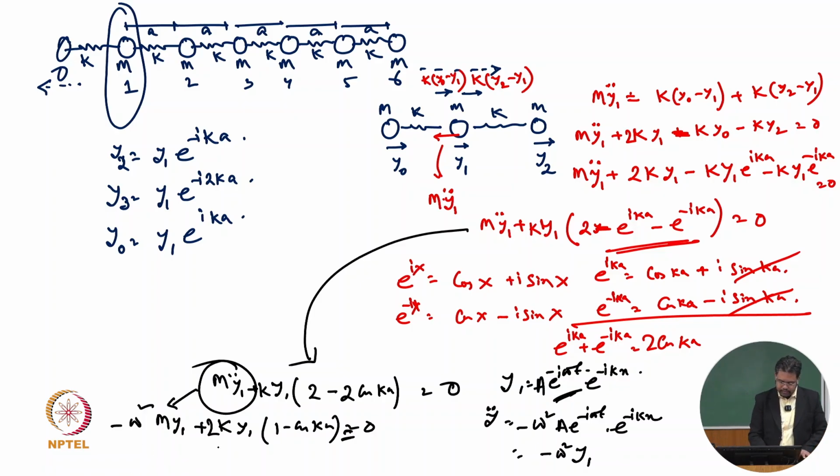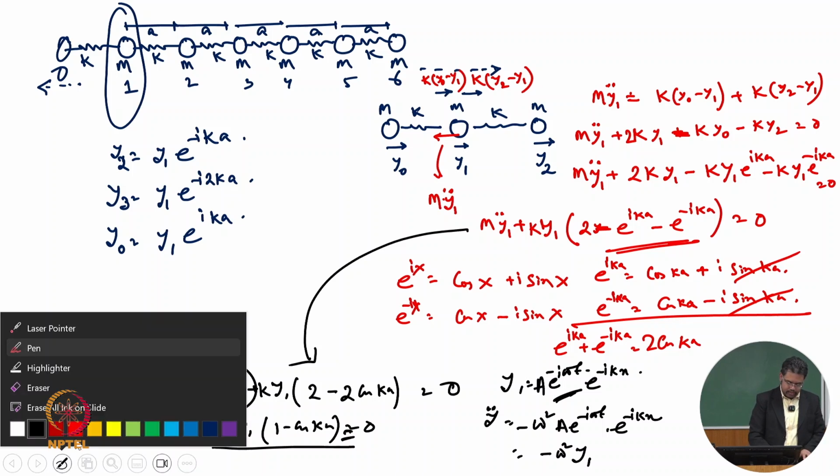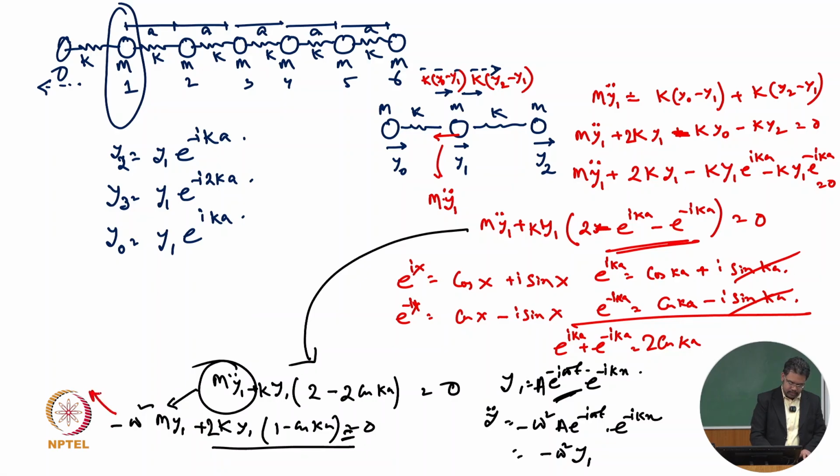Can I write this equation? If I can write this equation, now there is a very interesting matter from here. Now think, it is like omega square m plus 2k into 1 minus cos 2ka. This is kappa actually, sorry.